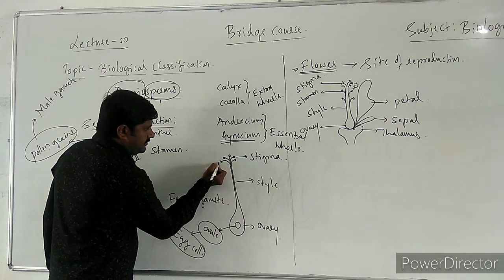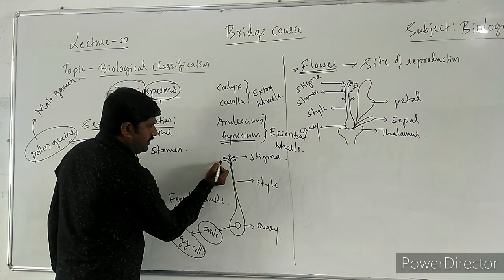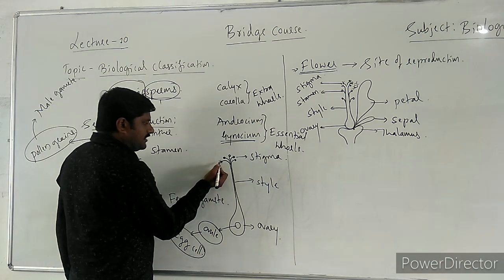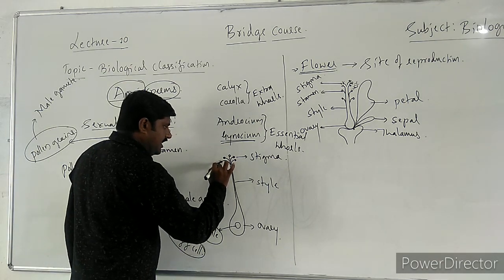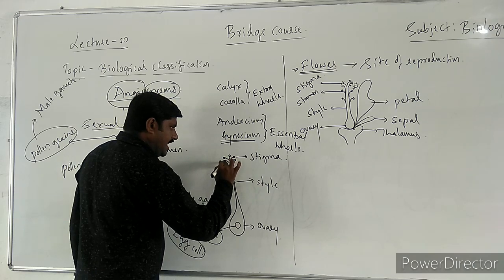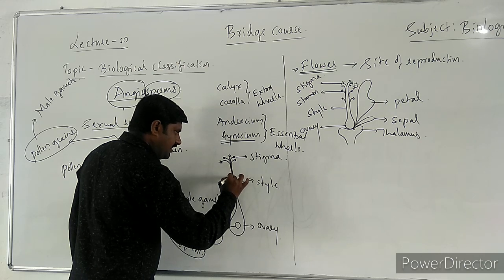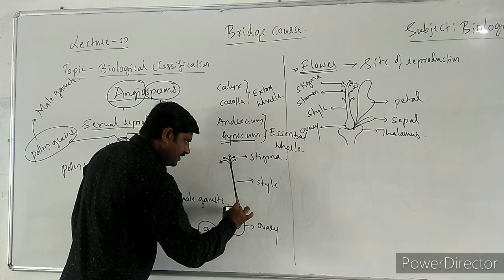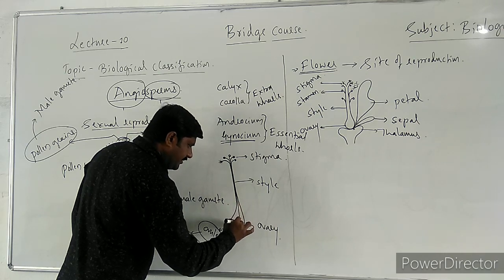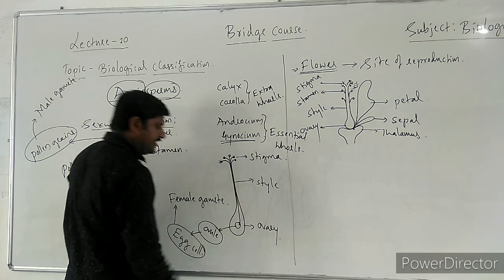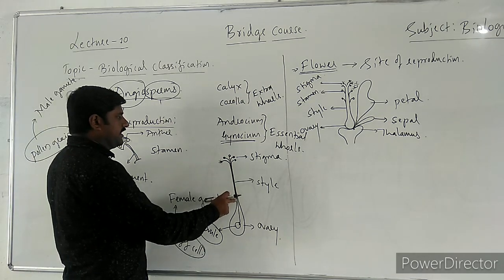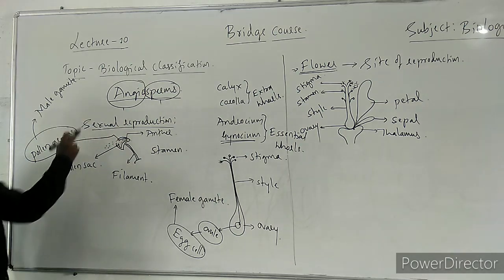See here, these are pollen grains which fall on the surface of the stigma. When they fall on the stigma, they produce a tube, and that tube is called the pollen tube. The pollen tube runs across the length of this narrow tubular structure, the style, and ultimately the tube reaches the ovule.